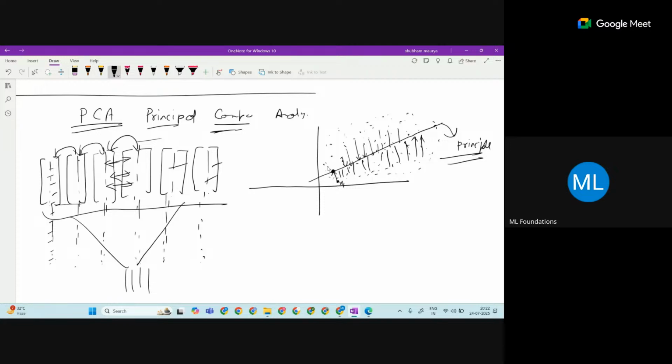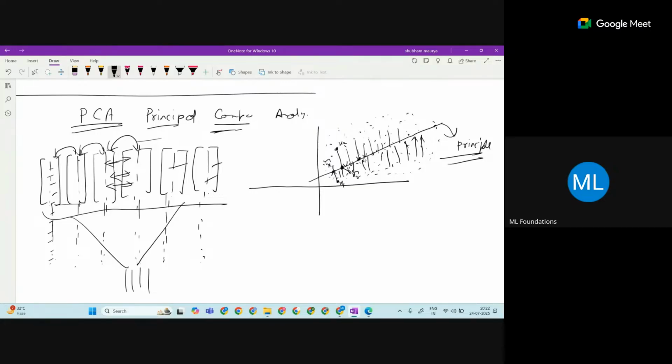What you projected here is, let's say, x1 tilde. Suppose here is my x2, I projected it here, so this is x2 tilde.